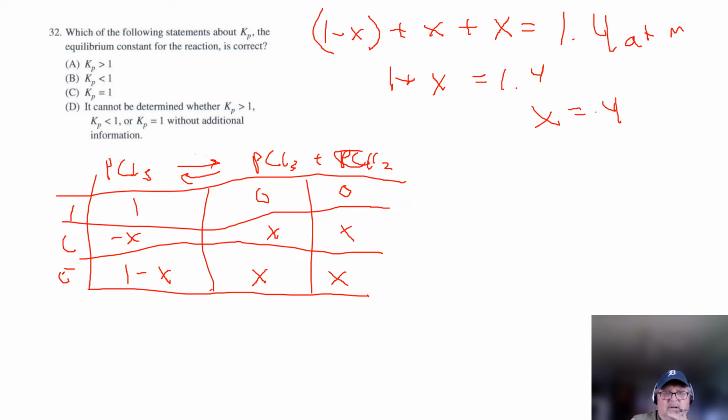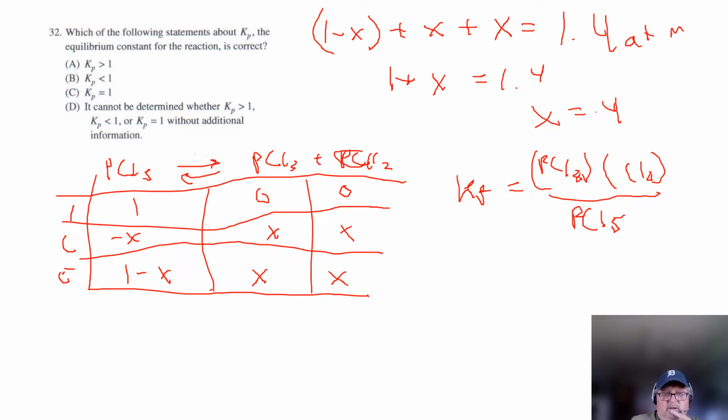So now what we can do is actually figure out what Kp is, because Kp is equal to products over reactants. So it's going to be our PCl3 pressure times our Cl2 pressure, that's our product, all over our reactant's pressure. So just plug it in.